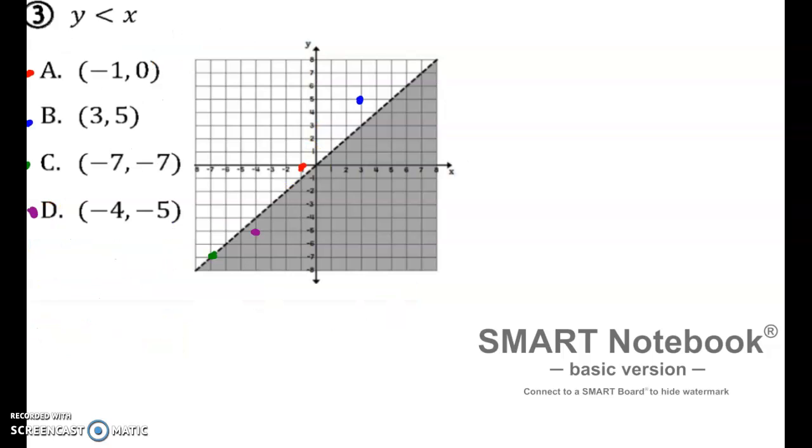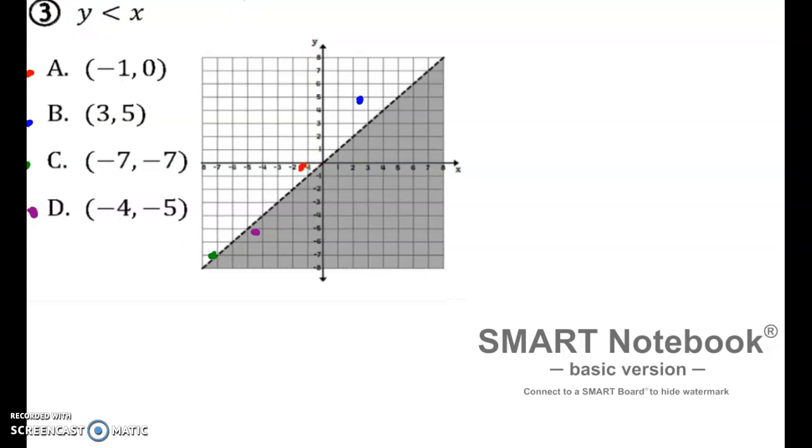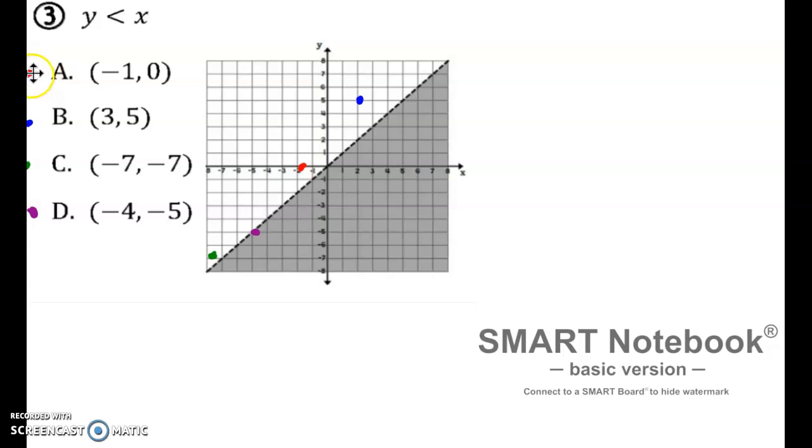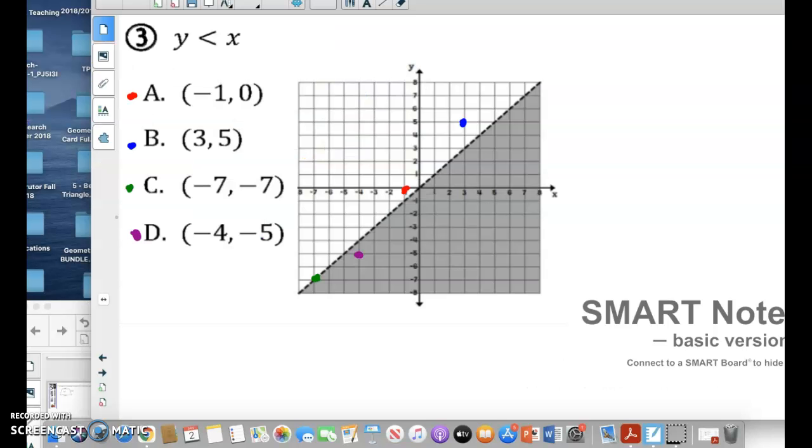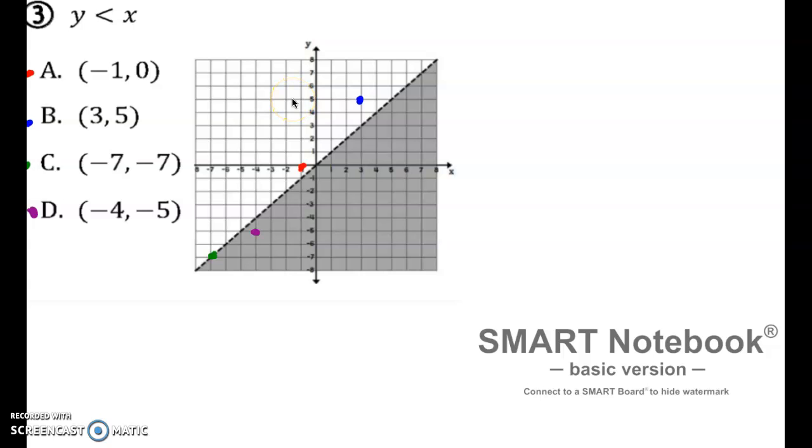All right, 3 and 4 are a little bit different because here we're talking about solving an inequality graphically, so based on a graph. The inequality graphed on the graph you see on the screen is y is less than x.